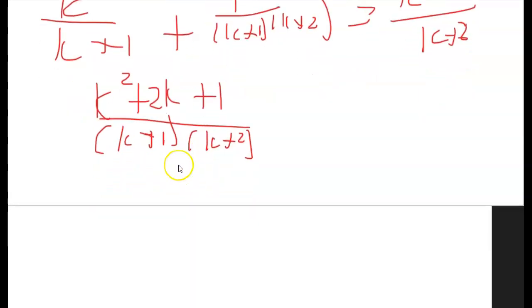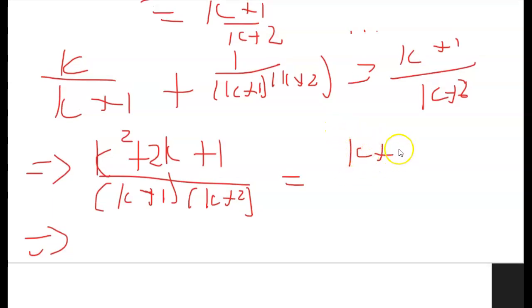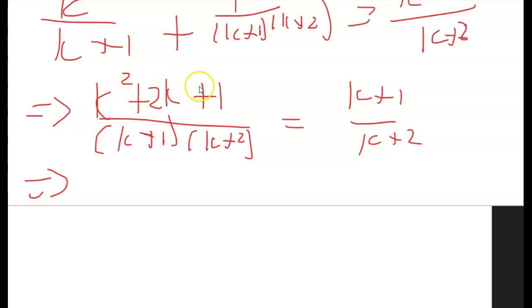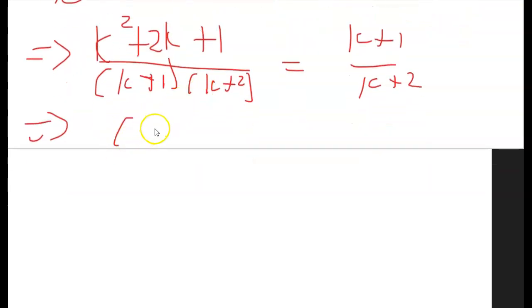You can further simplify this. Let's carry down this equal sign. You see this k squared plus 2k plus 1? Can't I write it as k plus 1 all squared?